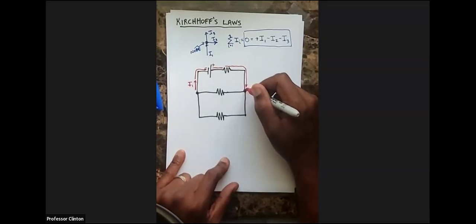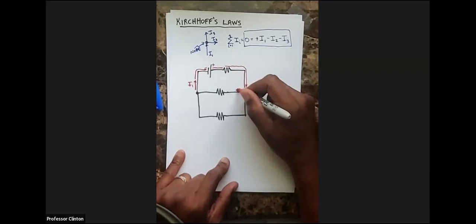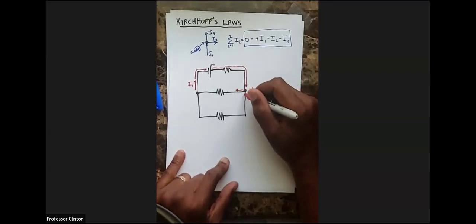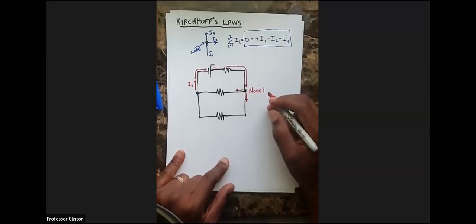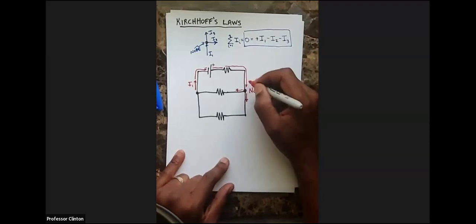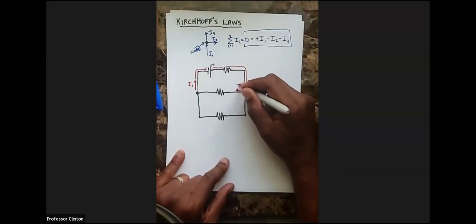We're going to have sort of a split of the current. There's going to be some current that may want to leave in that direction and some that's going to want to leave in that direction. So remember, this was current I1, and maybe we'll name this current I2, and this will be current I3.